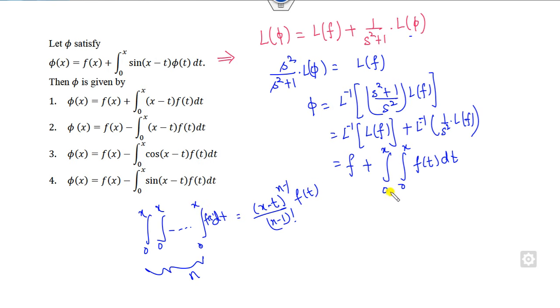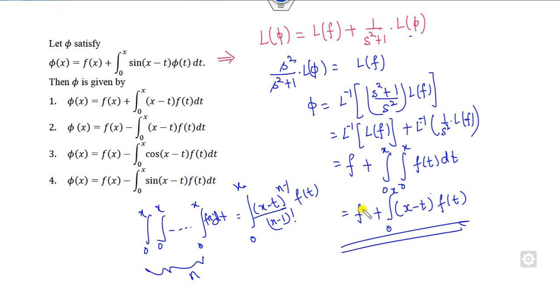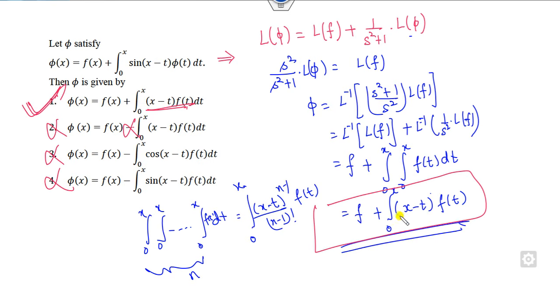Here n is 2, so one integration of this is 1 over 1 factorial. So you can see which one matches with this, f plus x minus t. So this option is cancelled out, this is cancelled out, this is cancelled out. Only the right answer is here.